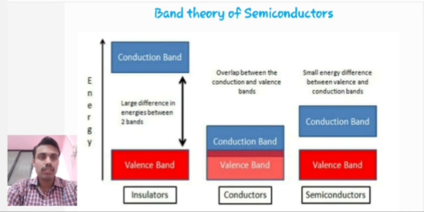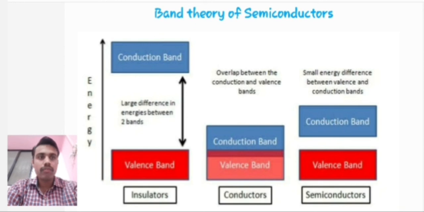And if the energy band gap is very low, in the sense that the valence band and conduction band actually overlap each other, then such materials are called conductors.